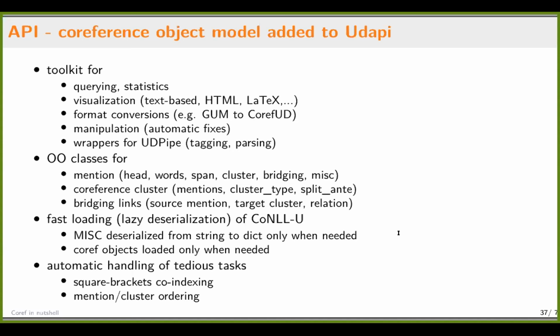Of course, also for editing the trees automatically with code in Python. So we have added 3 classes for working with coreference. One class is for a mention, another for the coreference cluster, and also some helper classes for better support of bridging relations.